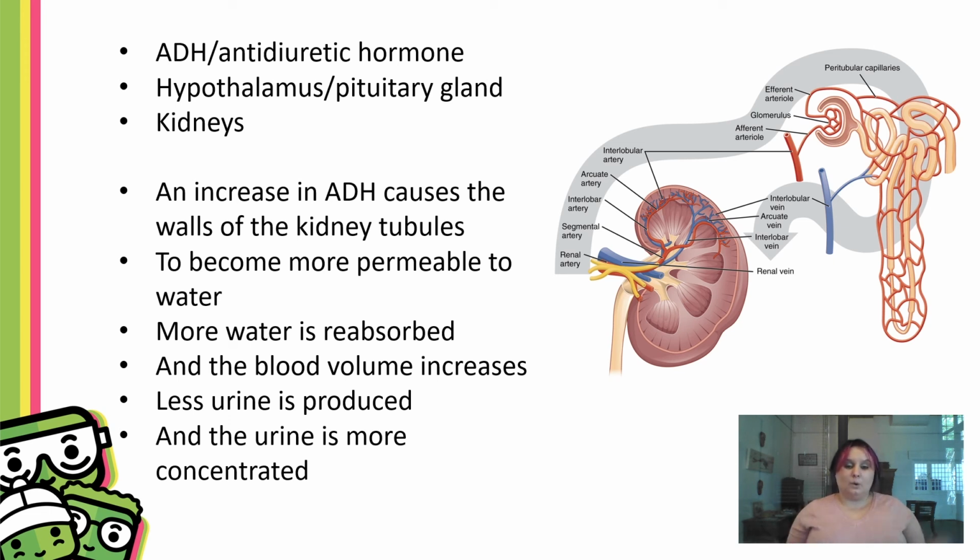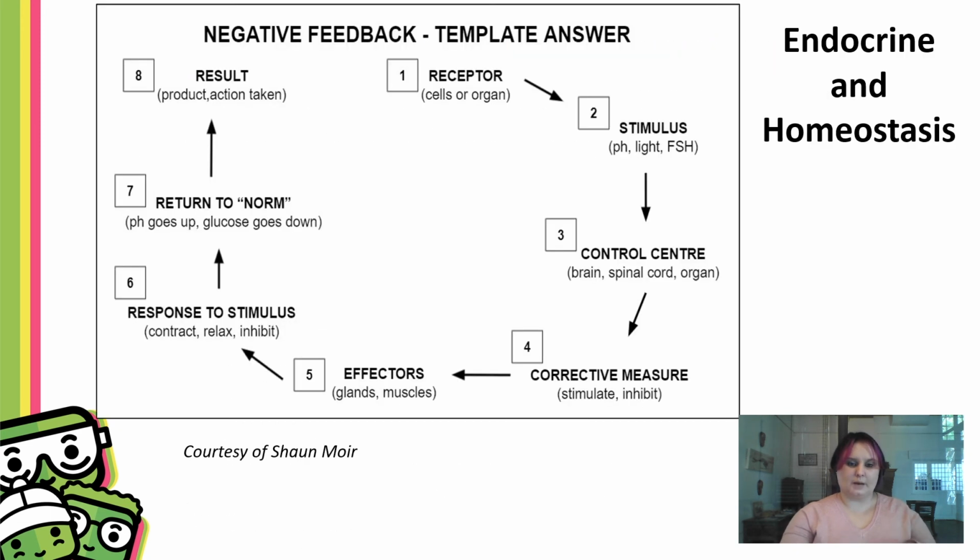So, more ADH, kidney tubules become more permeable, more water is reabsorbed, and we return back to a normal volume of water in the blood. So this is how we maintain homeostasis, this constant internal environment. So as I said, just to go back here, we've described this negative feedback that has taken place.